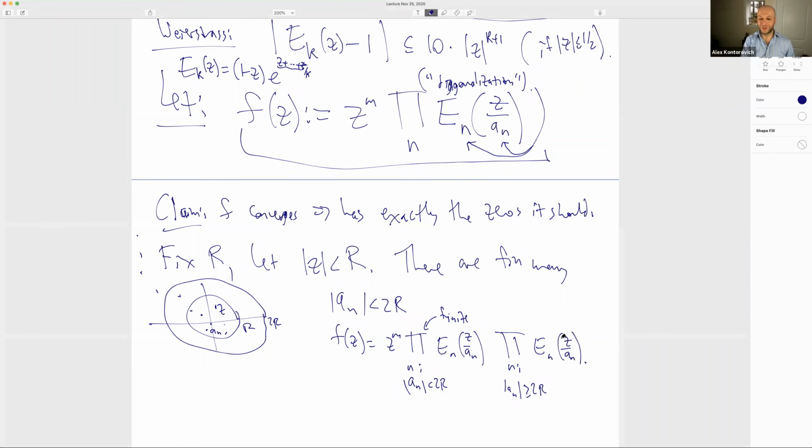What do we know about this z over a_n? It's less than 1. I gave myself a little more room. Oh, it's less than 1/2. It's less than 1/2, exactly. In this range, this z over a_n, I exactly gave myself the room that I needed.